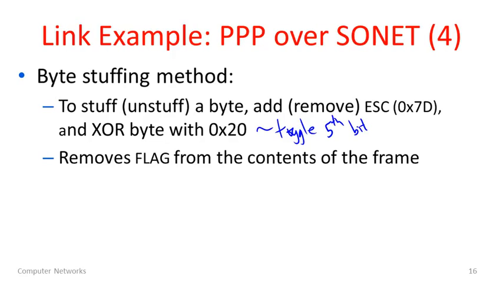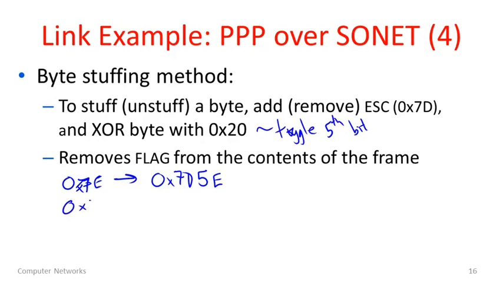So for instance, if I have 0x7e in the data, I will get 0x7d, the escape character, and then I'm going to XOR 7e with 0x20. That will flip the fifth bit, and I'll actually get 5e. I've just changed the value of one bit.